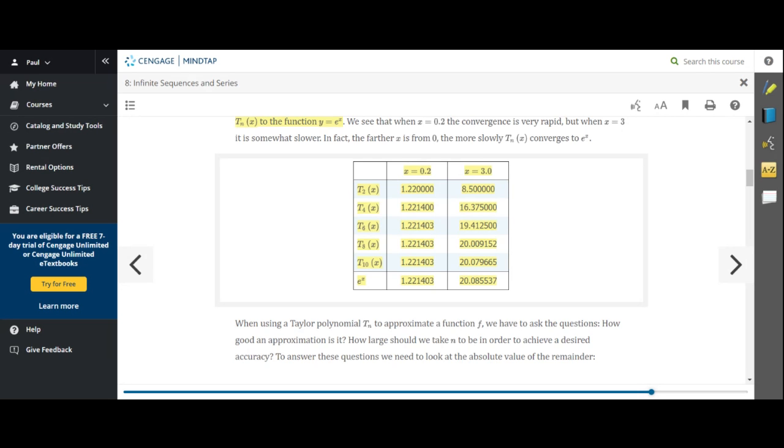So why do you think, when x is 3, the polynomials don't do as good a job of approximating e to the third power as they did when they approximated e to the 0.2 power? Why do the Taylor polynomials seem to not do quite as good a job?